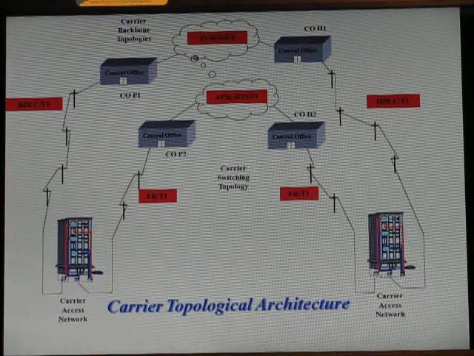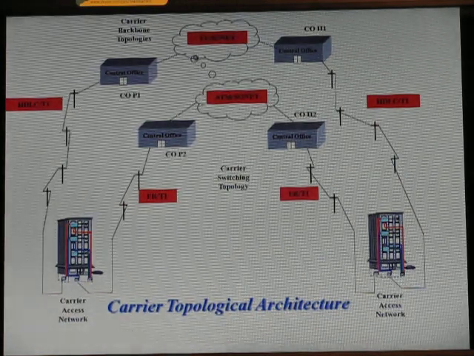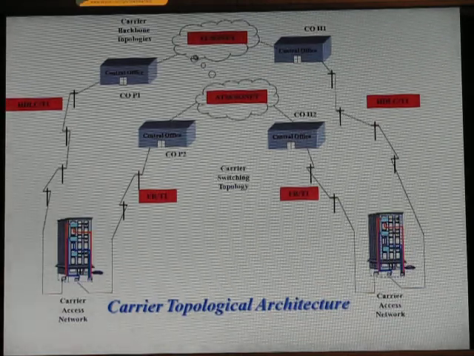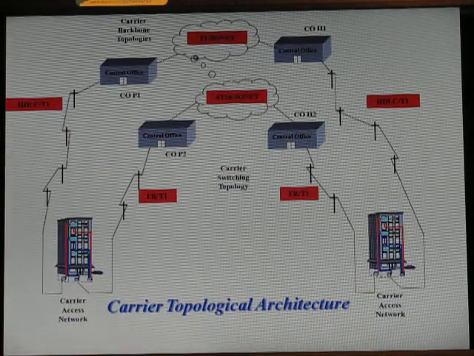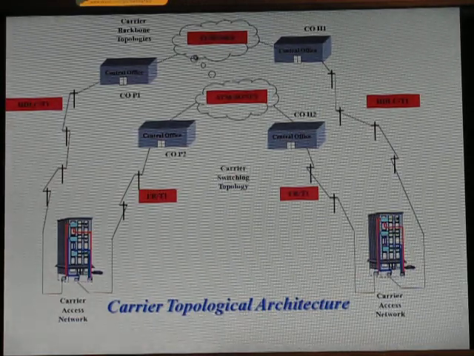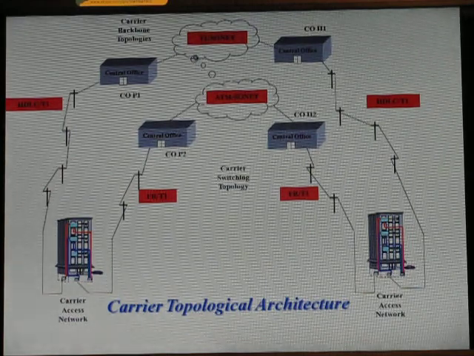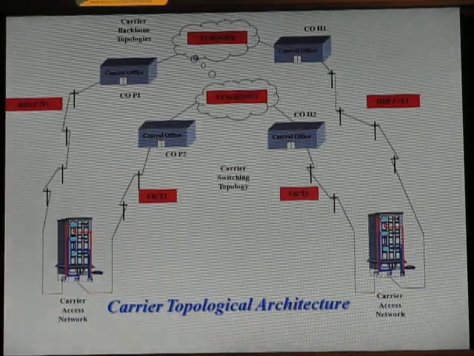Notice that from the central office to the building, that is called the local loop. From central office to central office is known as a carrier backbone. In this case, it's a T1 over SONET backbone. And then you'll notice that frame relay is the center lower connection. The local loop again goes from the building to central office P2, and then it's connected to central office H2 by an ATM over SONET.